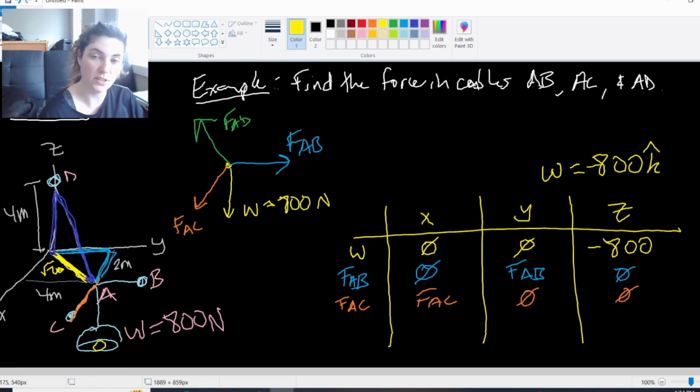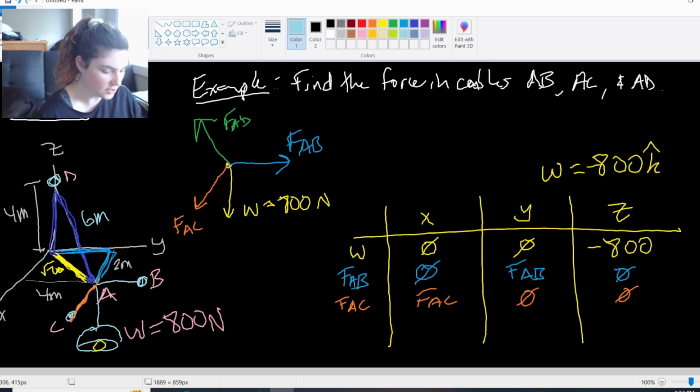And I could say, okay, square root of 20 squared is going to be 20, right? That's easy enough. So 20 plus 4 squared, which is 16. 20 plus 16 equals 36. So square root of 36 gives us this distance here of 6 meters.